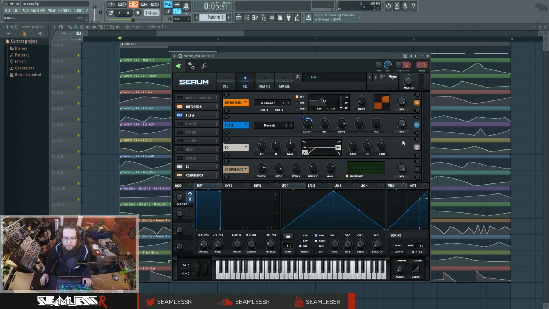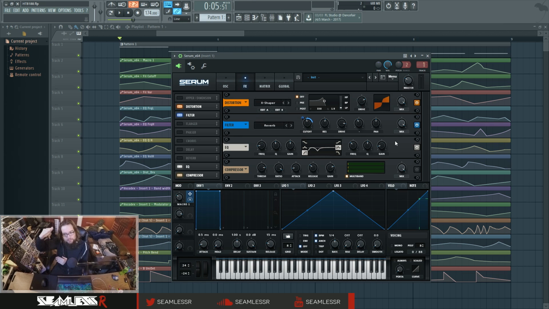Next up is the EQ. This is something else that I just decided to automate a lot. There is a high pass filter going on, but it's very low Q, so it's not as wah filtery as it is just kind of a gentle cut. The other thing going on is this peak filter where I'm automating the frequency, the Q, and the gain. Now, a peak filter is one that can go positive and negative, so it's sort of like a bandpass, but it's not a bandpass or a notch, and it's not 100% either direction.